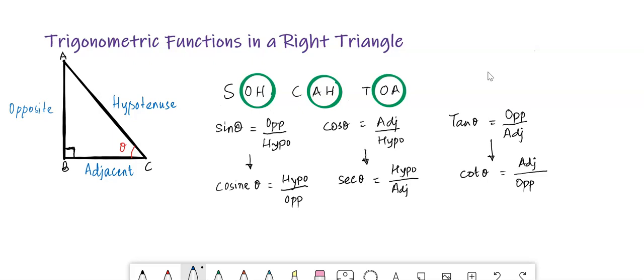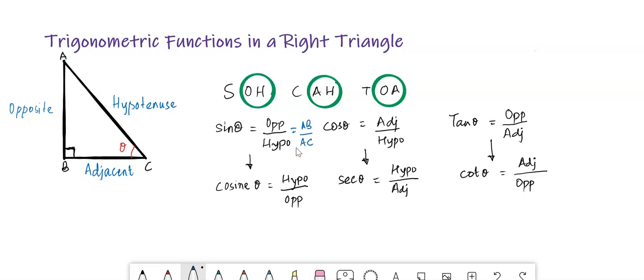To start with, we should remember this rule, which is SOHCAHTOA. Sine theta is opposite over hypotenuse, which is AB over AC.